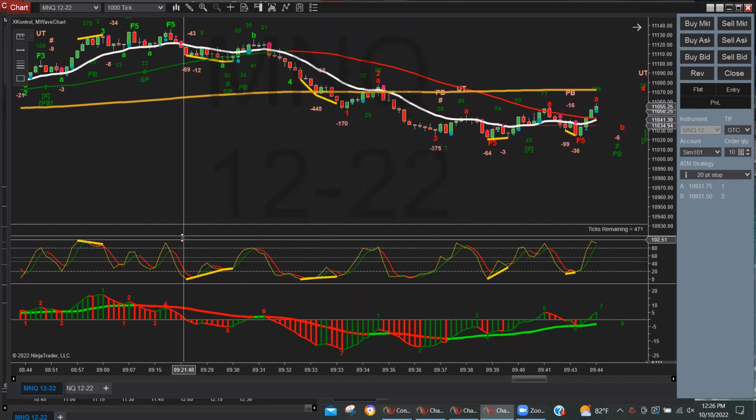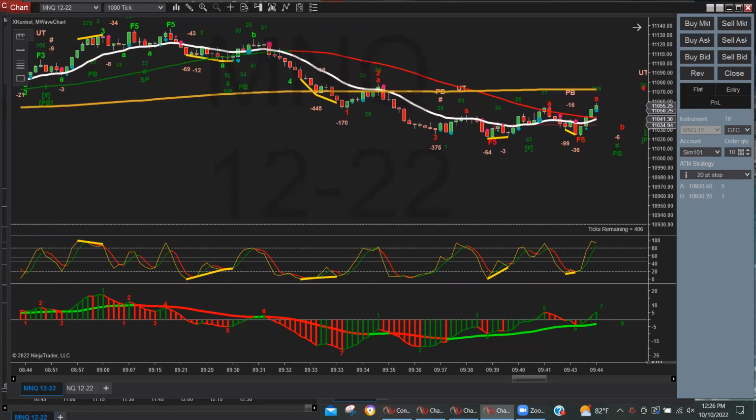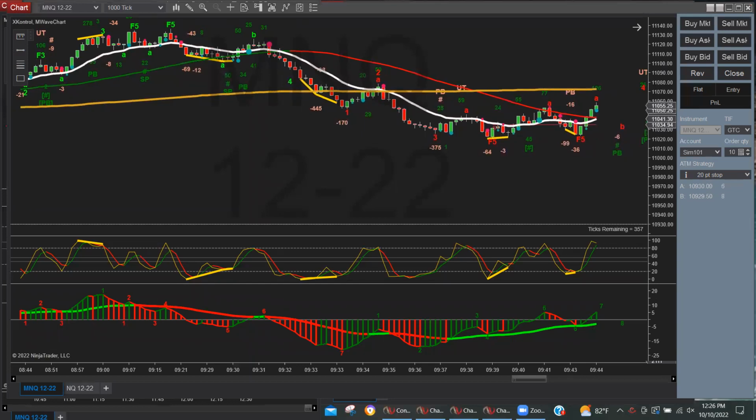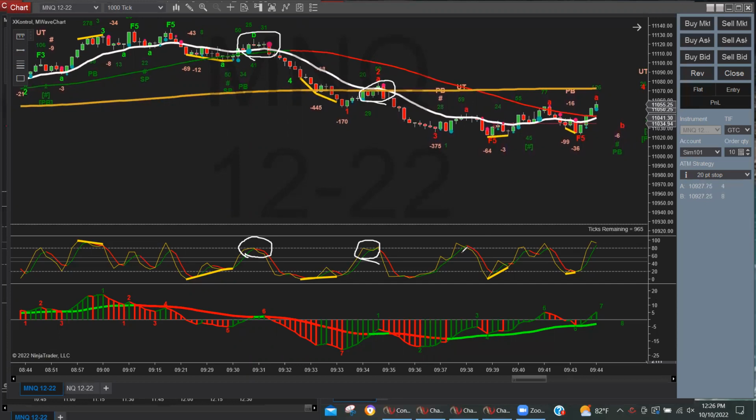So I'm just going to circle the times that it did it on this chart, from 9:30 on. So here, which is up in here, which is up in here, which is here.